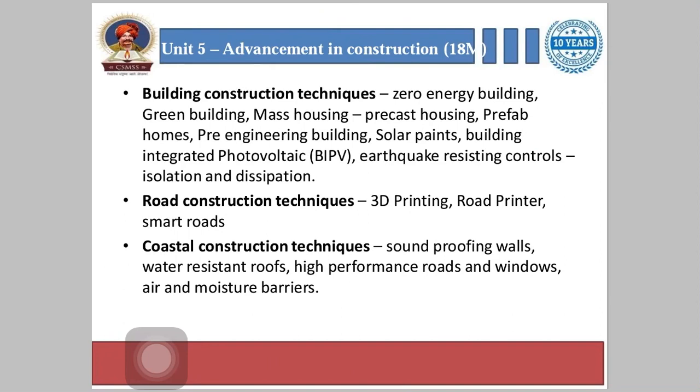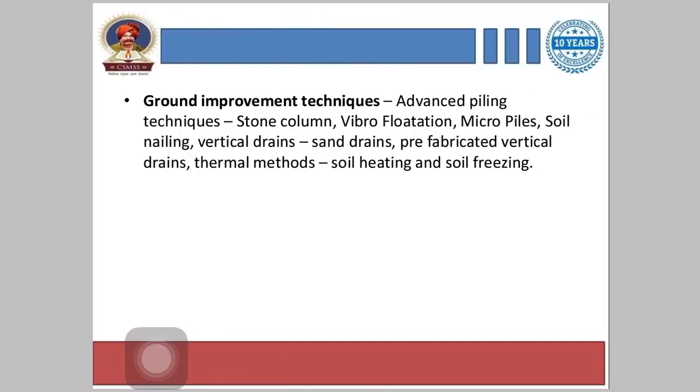So road construction techniques, 3D printing, road printer, smart roads. And in coastal construction techniques, we are going to see about soundproofing walls, water resistant roofs, high performance roofs and windows, air and moisture barriers.